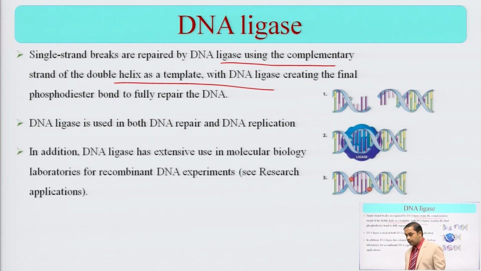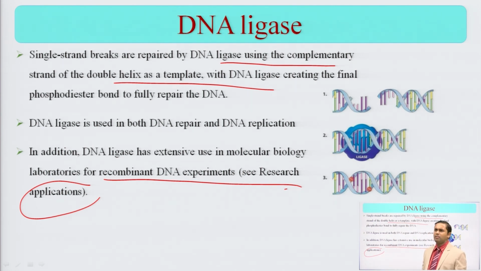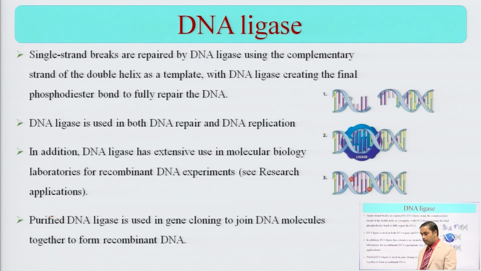In addition, DNA ligase has extensive use in the molecular biology laboratory for recombinant DNA experiments. I will tell you more about research applications in my next few lectures, where I have mentioned in detail how you can use it in the applied field. So, purified DNA ligase is used in cloning to join DNA molecules in recombinant DNA.